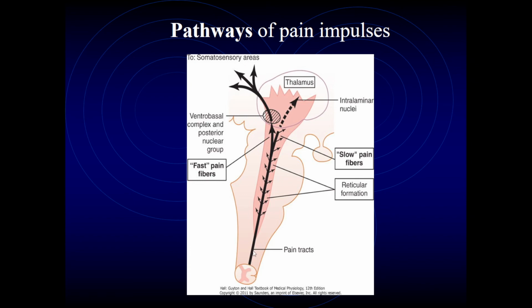Fast pain pathways transmit impulses to the thalamus, and slow pain fibers transmit impulses to the reticular formation.